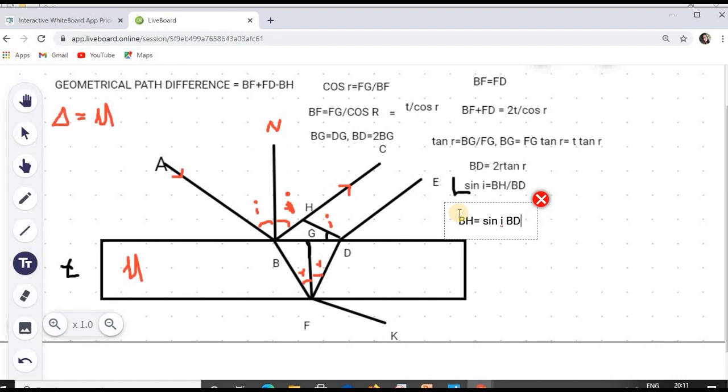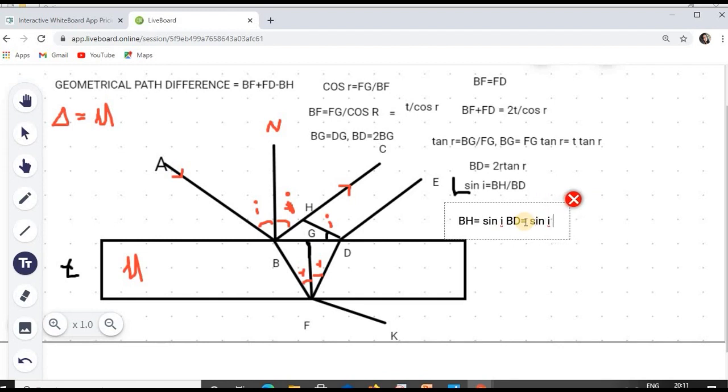Okay. BH is equal to sin I into BD, and you know what BD is. BD is 2BG. BD is 2r tan r. So BH is sin I into 2r tan r.